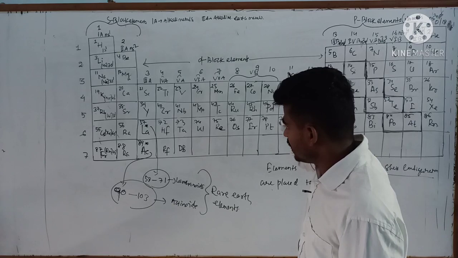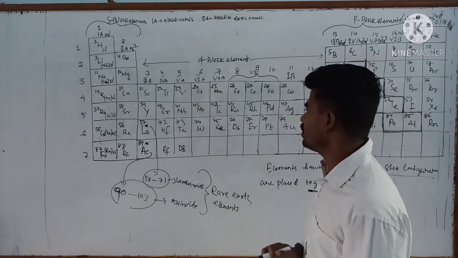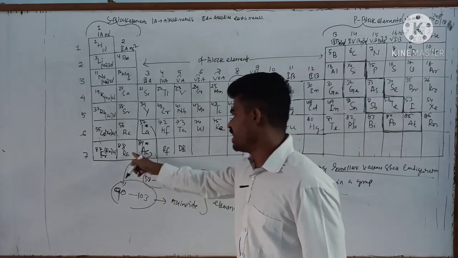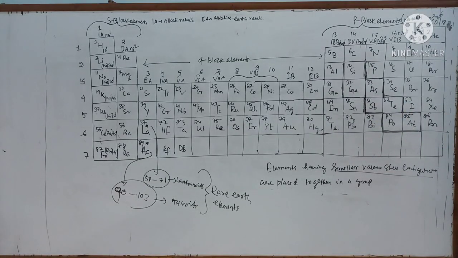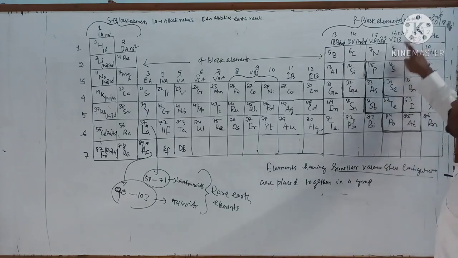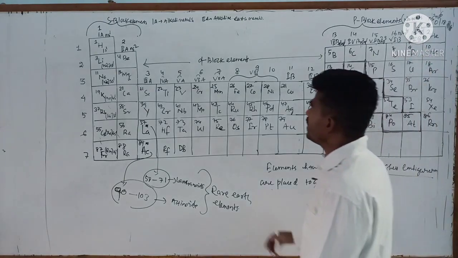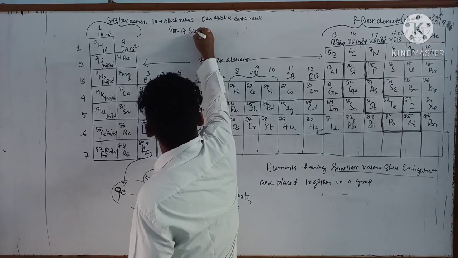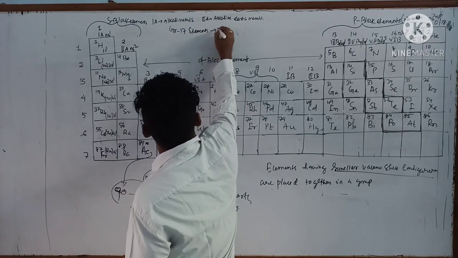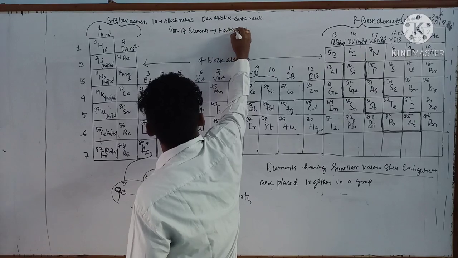these elements, just remember, these are active metals, and these diagonal elements are metalloids, while all the above elements are non-metals. And group 17 elements are known as halogens.